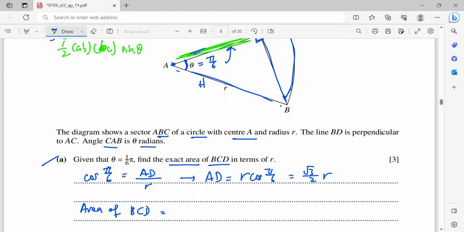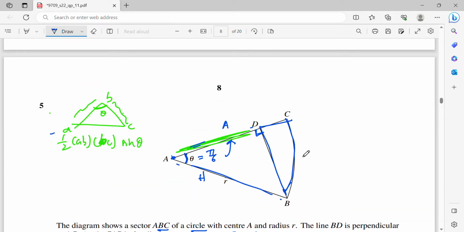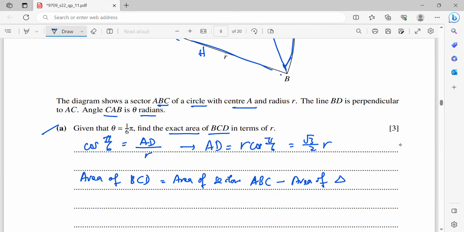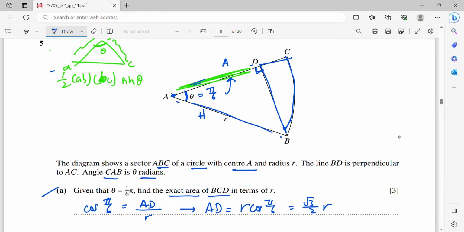Okay, now, area of BCD equals area of sector ABC minus area of triangle ADB. Alright, so area of sector ABC is half R squared theta.